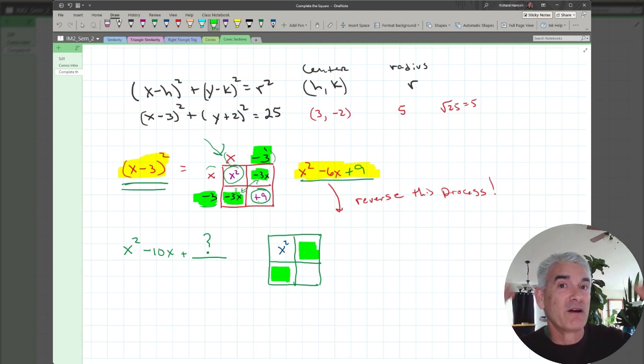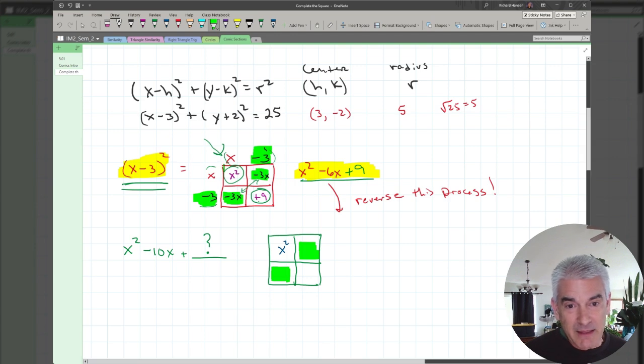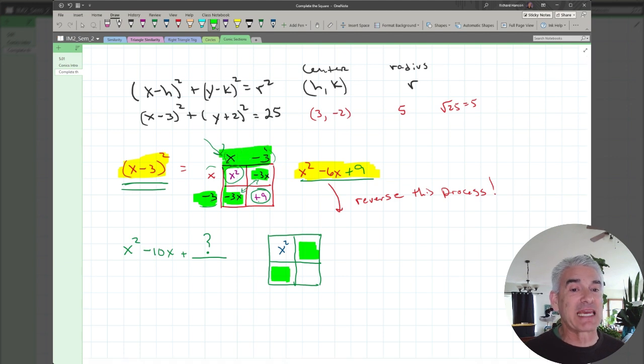If it's a perfect square, this length will equal this length, so we would expect these to have the same expressions there.